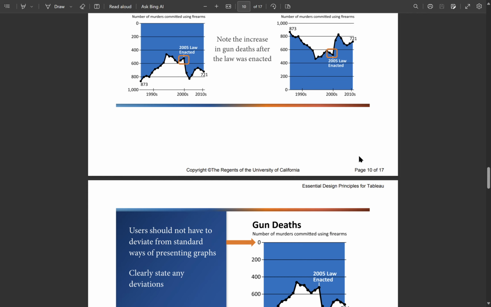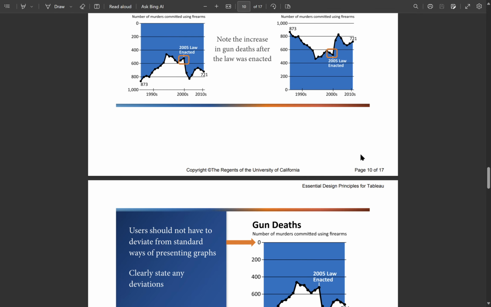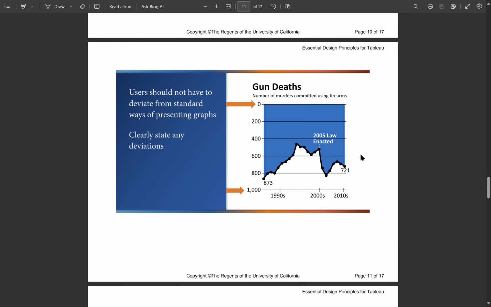Next, let's look at the graph on the left-hand side and see what things designers should do when they create this kind of inverted graph.